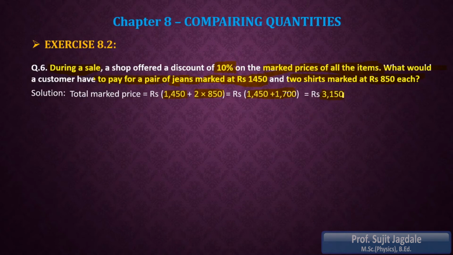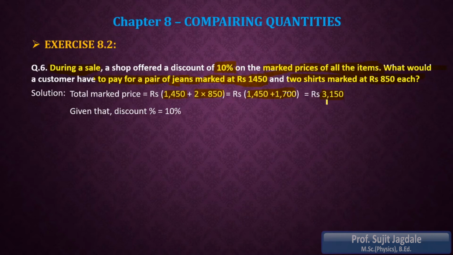See here, 0 plus 0 is 0, 5 plus 0 is 5, 4 plus 7 is 11, 1 is the remainder, 1 plus 1 is 2, plus 1 is 3. So 3150 is the total marked price for the pair of jeans as well as two shirts.